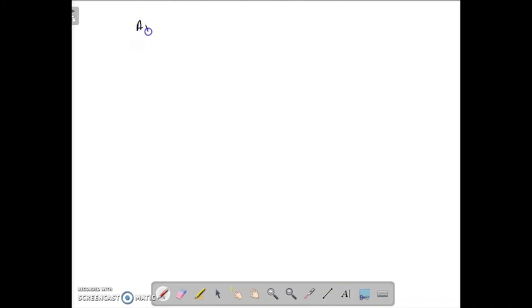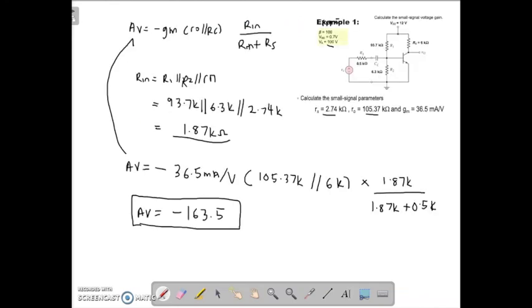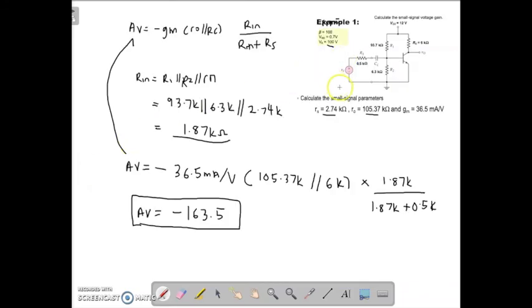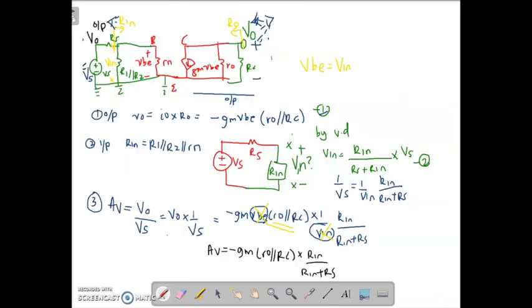If you get your AV equal minus 163.5, your R in just now is equal to 1.87K. How do you find your R out? So your R out is R out parallel to RC. Please take note, R out here is not the same as capital R out. So capital R out is from where? When you look from here, what is the output resistance?